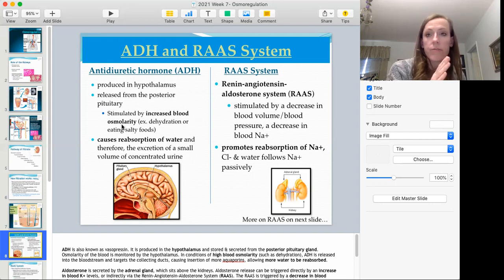So you either haven't drunk for a while, you've been sweating a lot, eating a lot of salty foods, etc. So you've got this increase in blood osmolarity. And what the body needs to do then is to even that out, right? Decrease the osmolarity. And it does this by reabsorbing water, maintaining as much water as it can. And this will happen in exchange for producing a smaller volume of urine.